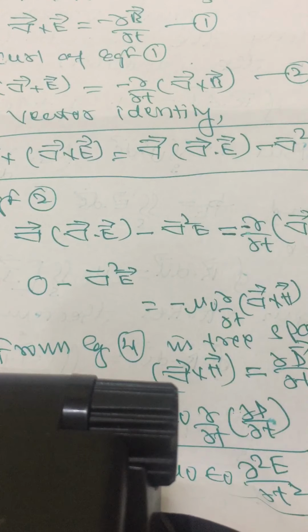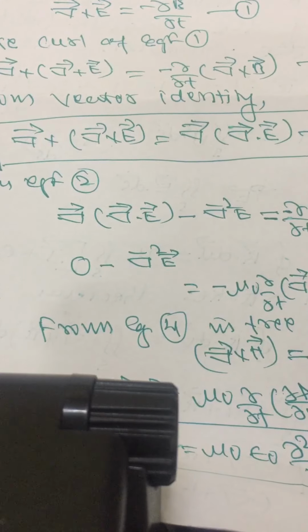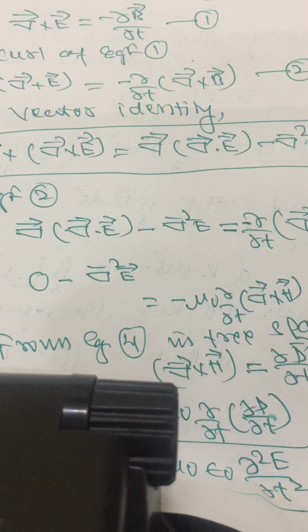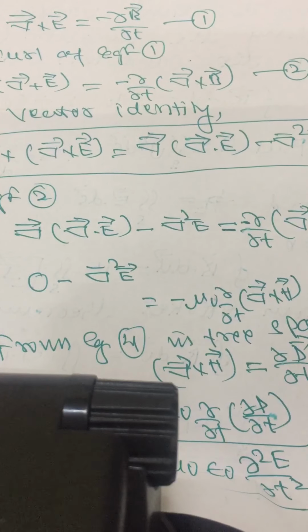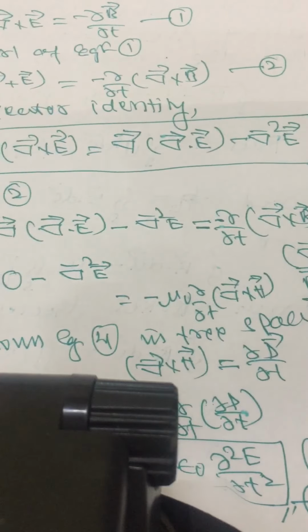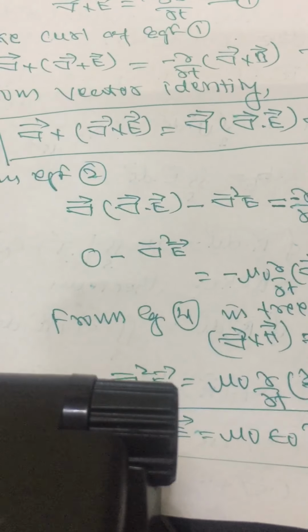So you should remember this formula, which is derived in the mathematics class: del cross del cross E is equal to the gradient of the divergence of the electric field minus del square E. You should apply it in the above equation.